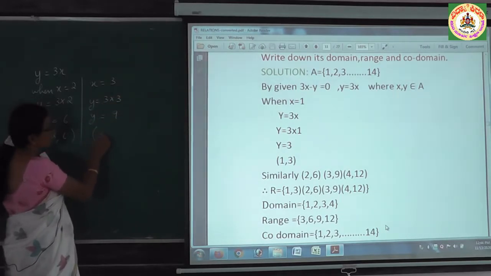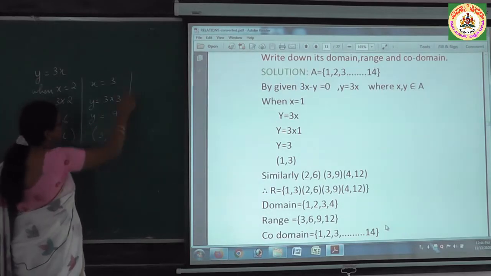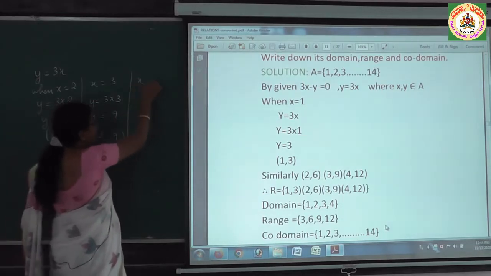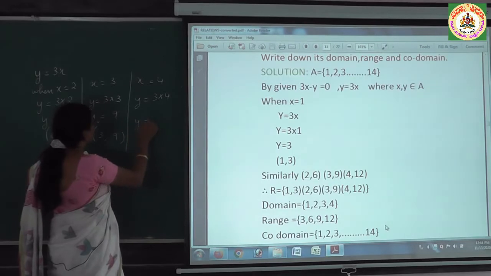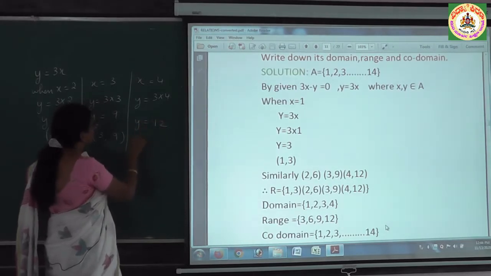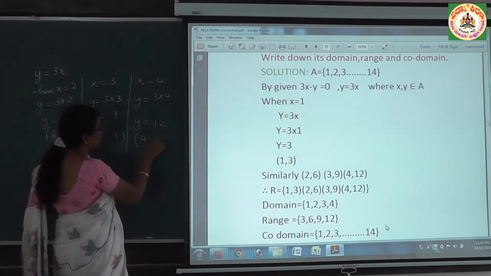Therefore, we get the ordered pair 3, 9. x is equal to 4, y is equal to 3 into 4, y is equal to 12. Therefore, we get the ordered pair 4, 12.